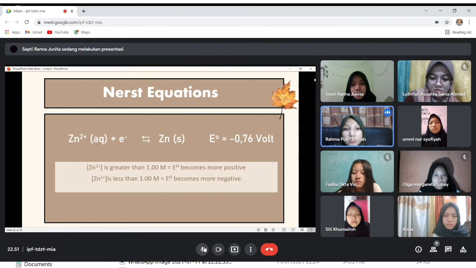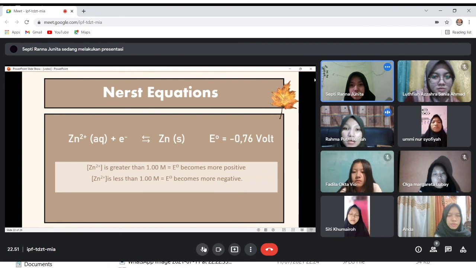Based on the reaction, if the concentration of zinc ions is greater than 1 molar, the value of the potential becomes more positive. But if the concentration of zinc ions is less than 1 molar, the value of the potential becomes more negative.